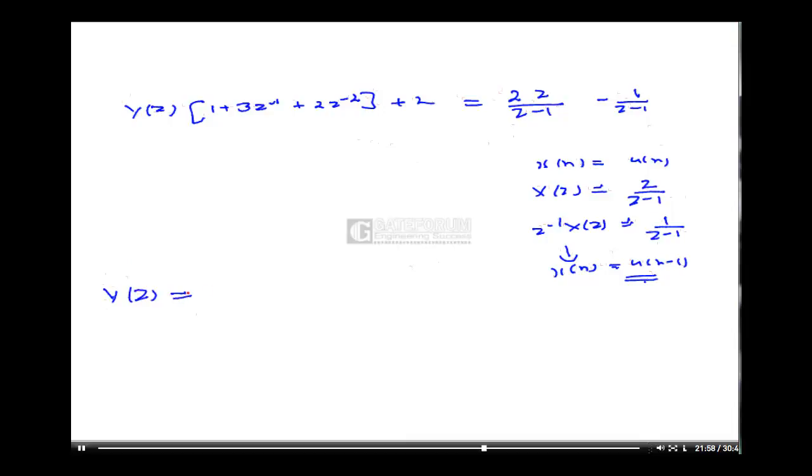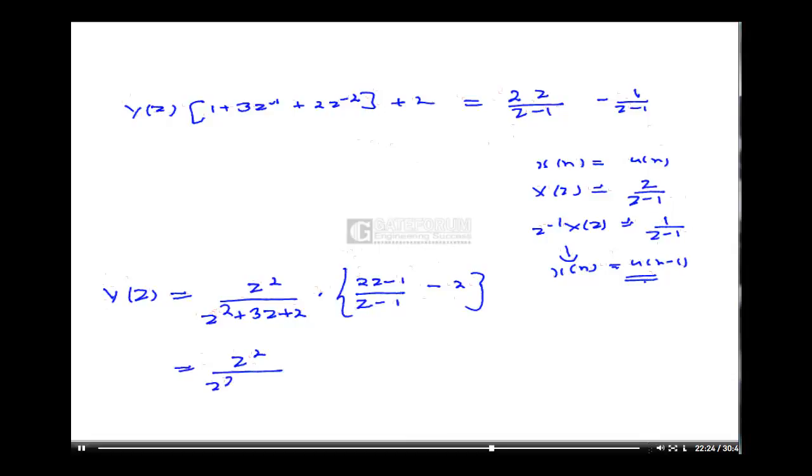Now, Y(z) can be written as z squared upon z squared plus 3z plus 2 dot 2z minus 1 upon z minus 1 minus 2. Okay. So, this will be z squared upon z squared plus 3z plus 2 dot 2z minus 1 minus 2z plus 2 upon z minus 1.